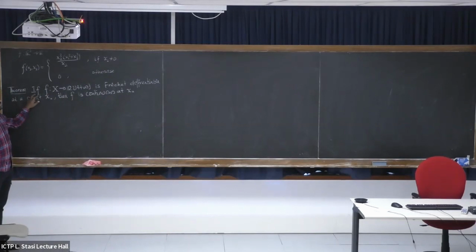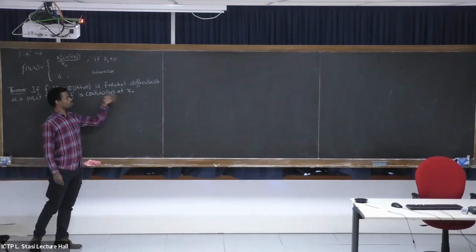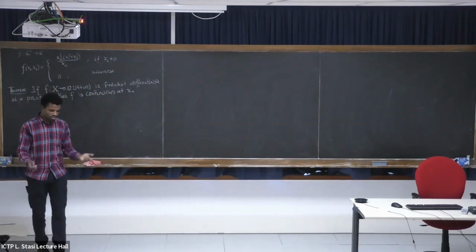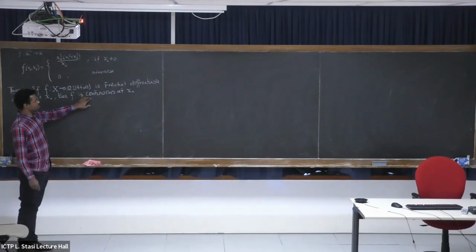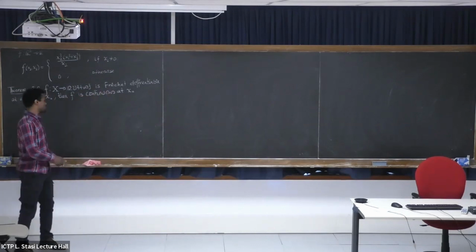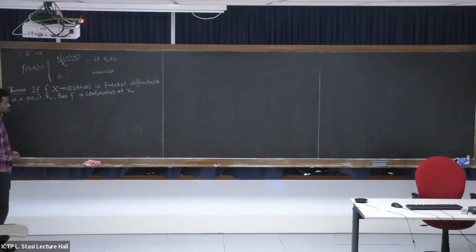If this function is Fenchel differentiable at the point x0, then f is continuous at x0. So we can take this as one test, with no exception. If the function is not continuous at x0, it is not Fenchel differentiable. So we can use this.